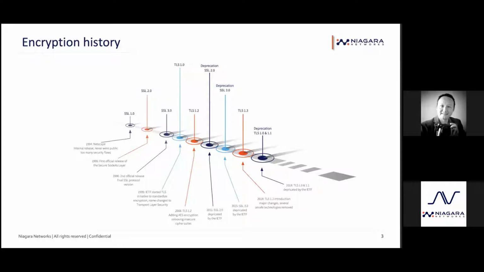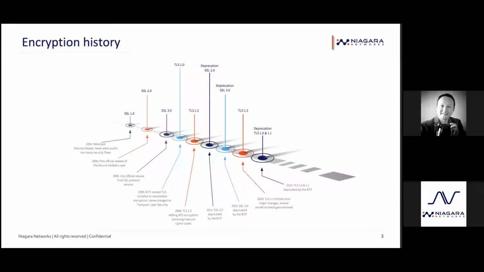Microsoft didn't really like the name SSL as it came from Netscape, and they were heavily in competition. So in the end, the IETF decided to call it TLS, Transport Layer Security, as the first official standard on encryption.